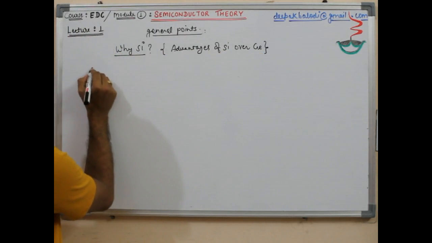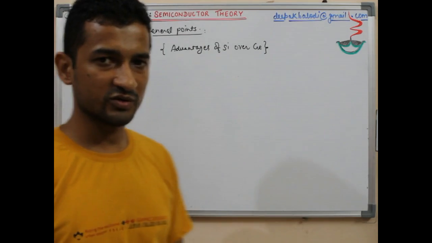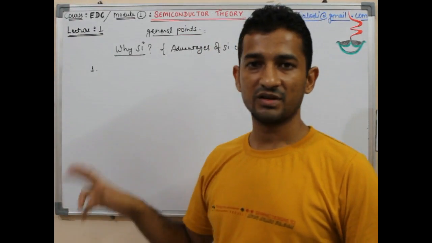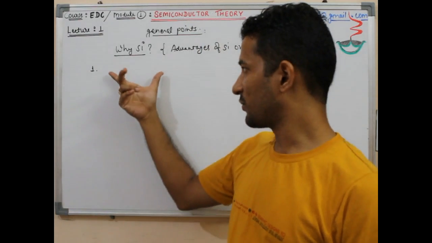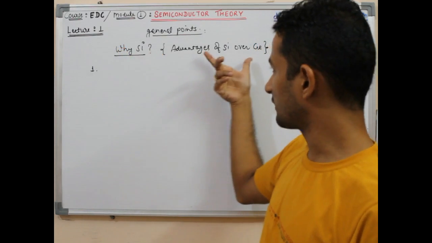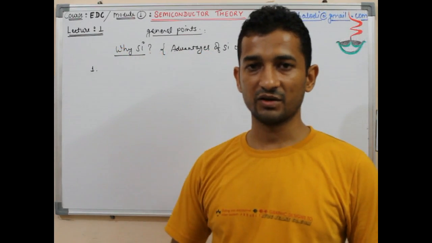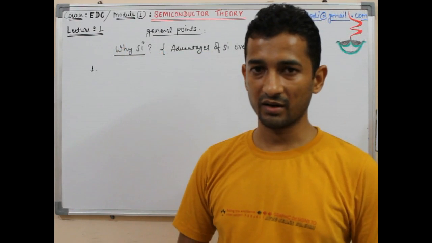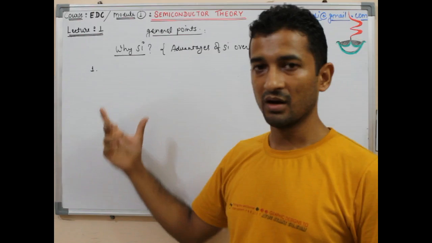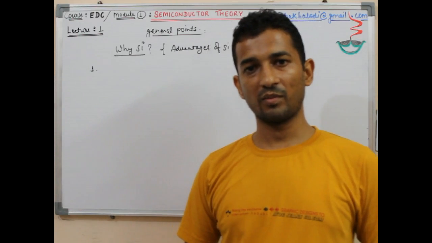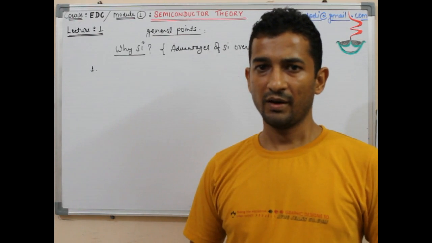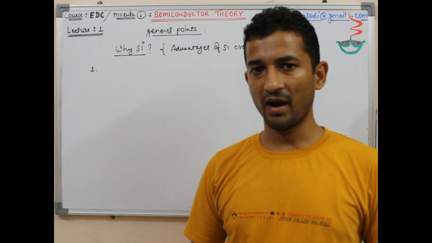So the very first point, you see there are lots of points possible, 6, 7 or 8 points, but I am writing these points in the preferential order. Means the most dominant reason why silicon is beneficial over germanium or over other semiconductors will be point number 1, and then second and third, because in lots of public sector examinations or in GATE, this question is asked repetitively in some different format.